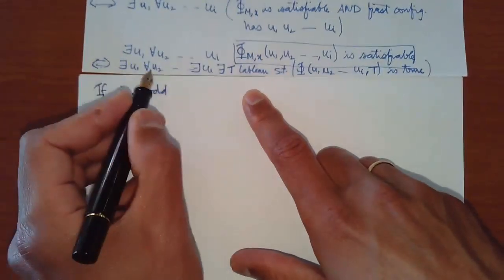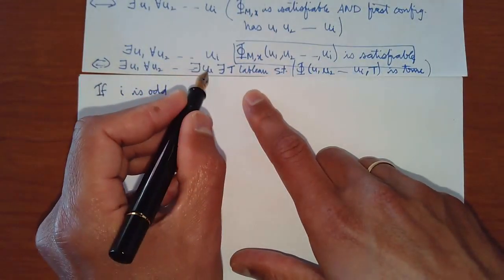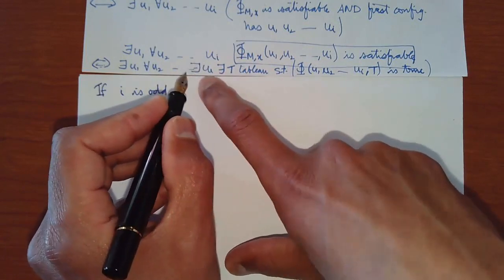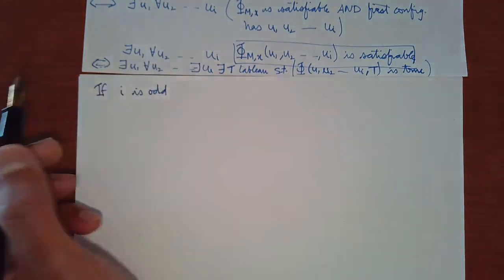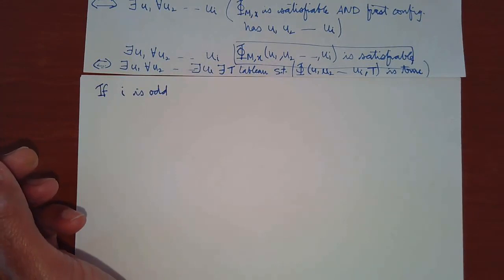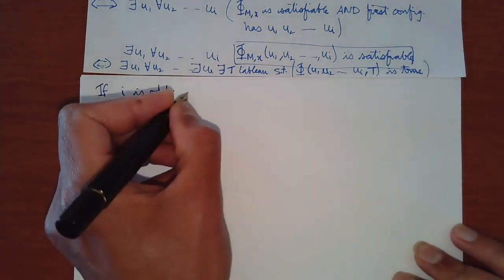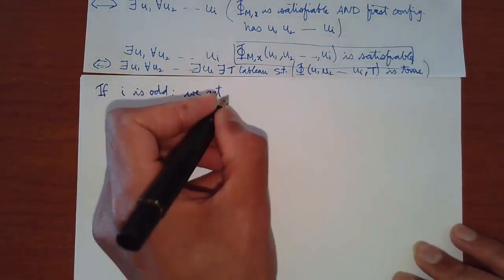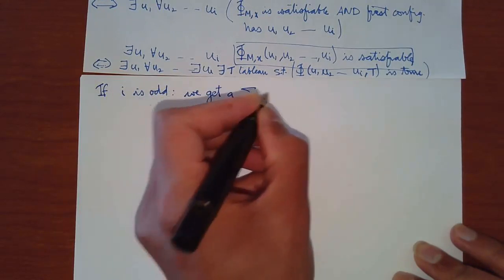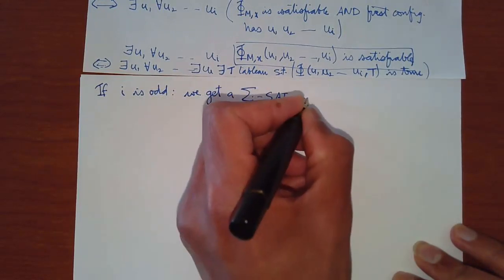Because it goes there exists, for all, there exists, for all, there exists. And the there exists of ui and the there exists of the tableau is just one quantifier. I see. Oh, I mixed it up with something else in my head. Okay. We get a sigma i SAT instance.